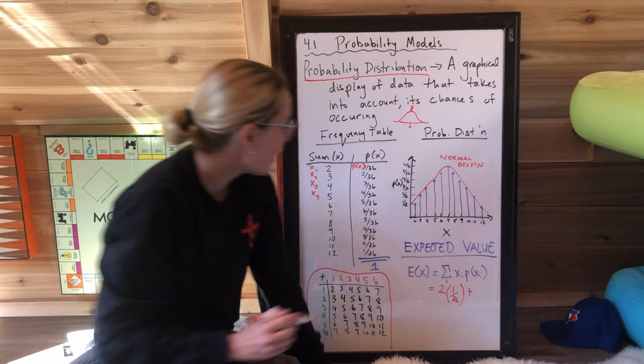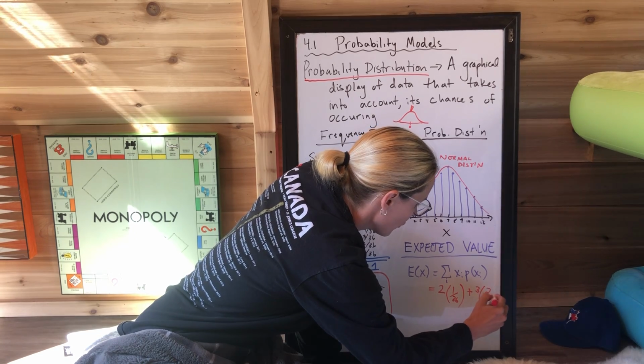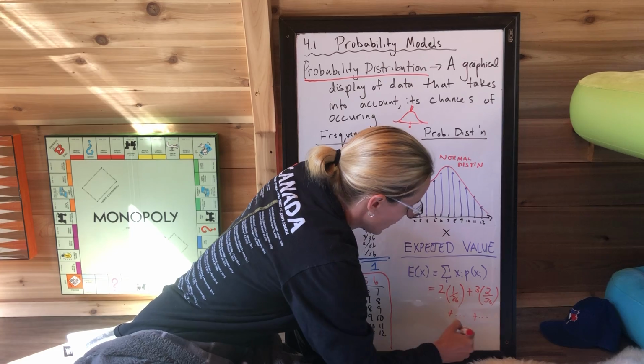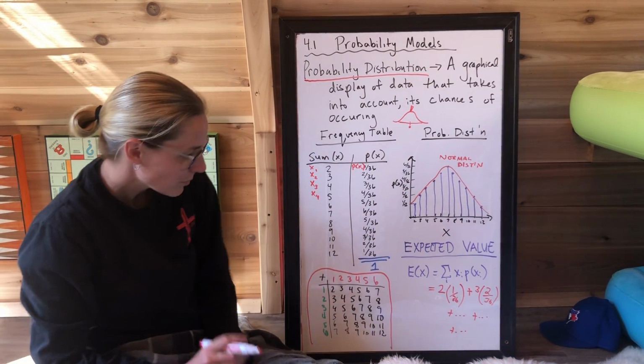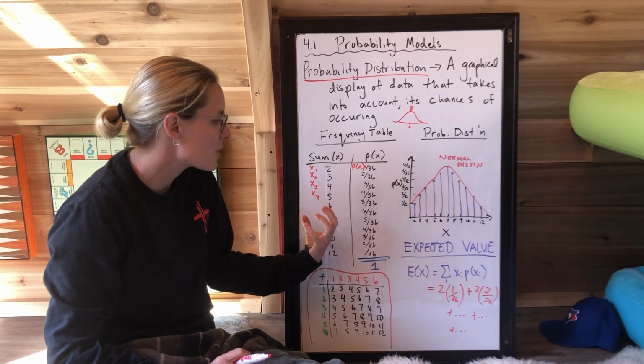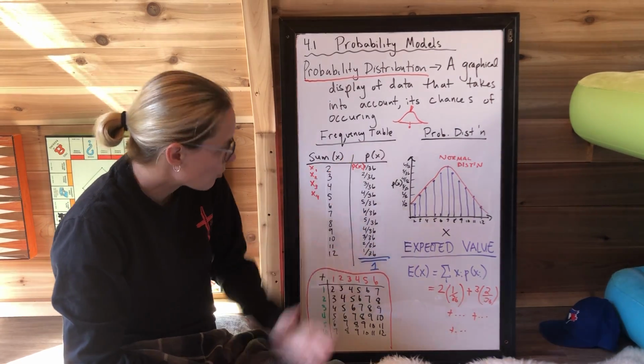We then want to add that to the next one, 3 multiplied by 2 over 36. Add it to the next one, add it to the next one, add it to the next one. And then you'll get a final answer. So that's called expected value. This is what we are expecting to get in whatever our probability experiment is. In this case, rolling 2 dice.